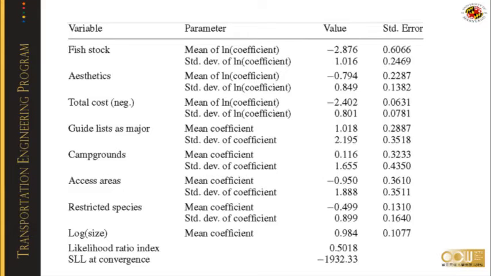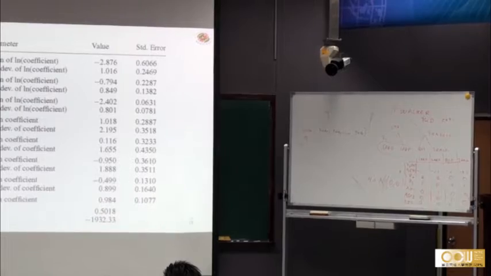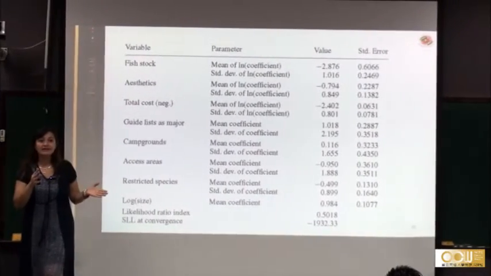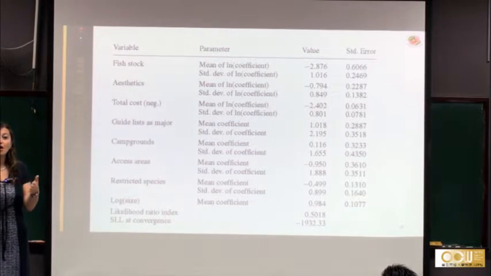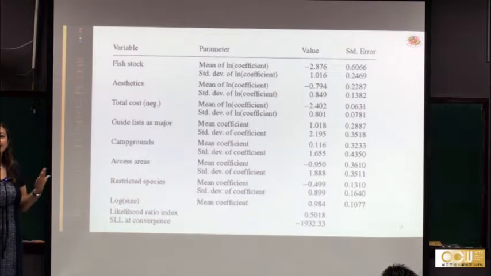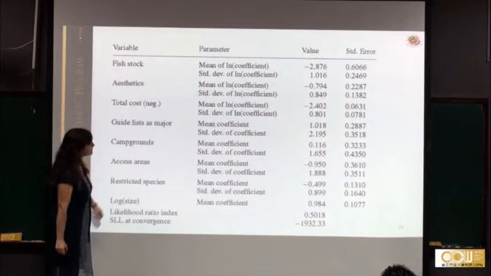He's also saying that these four can be either positive or negative, depending on the taste of the individuals, right? So he can say, well, this can be normal. This can be normal. So what's happening here?